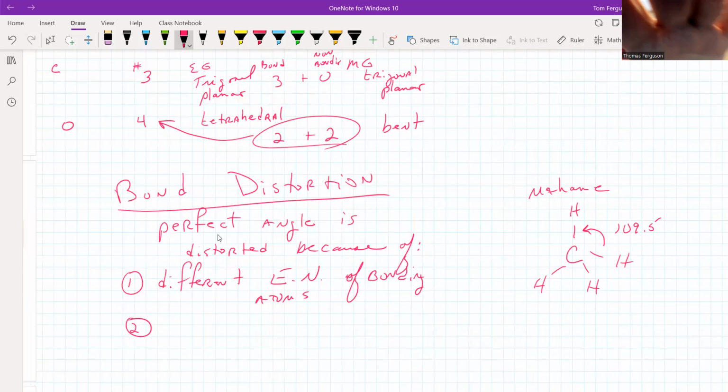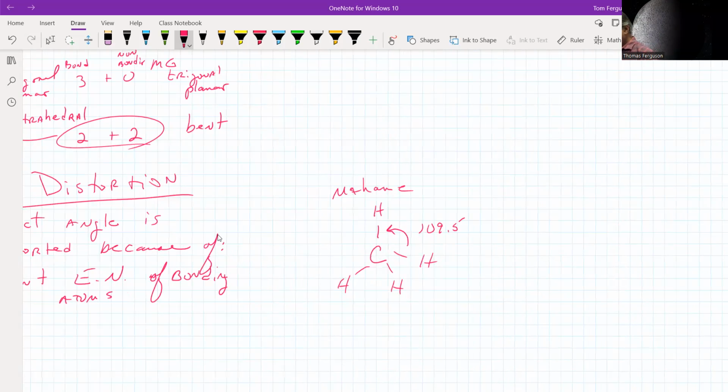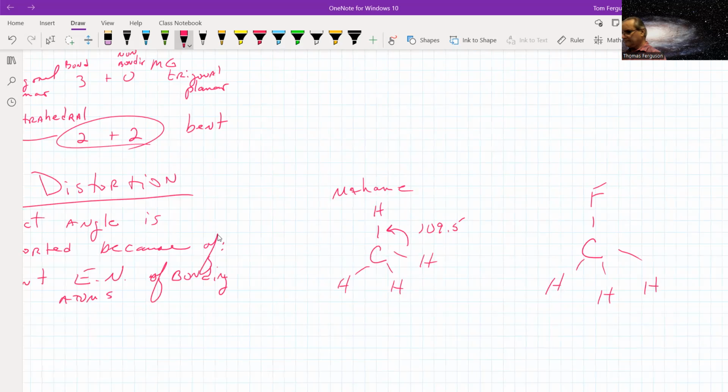For example, if you had, okay, that CF bond is going to be shorter. And that shorter bond means the electron is going to repulse more. So the angle is going to be greater than 109.5.